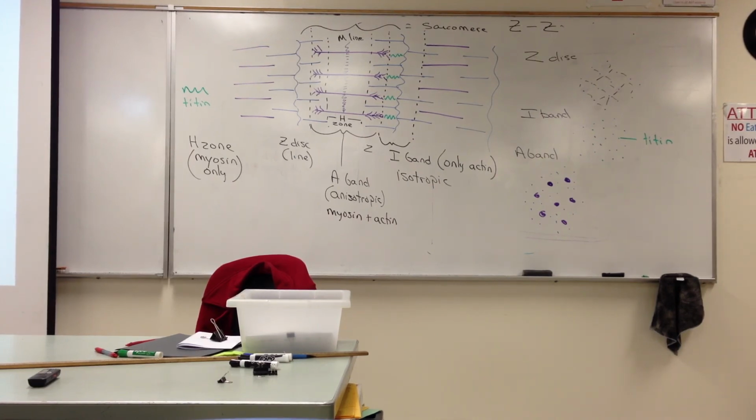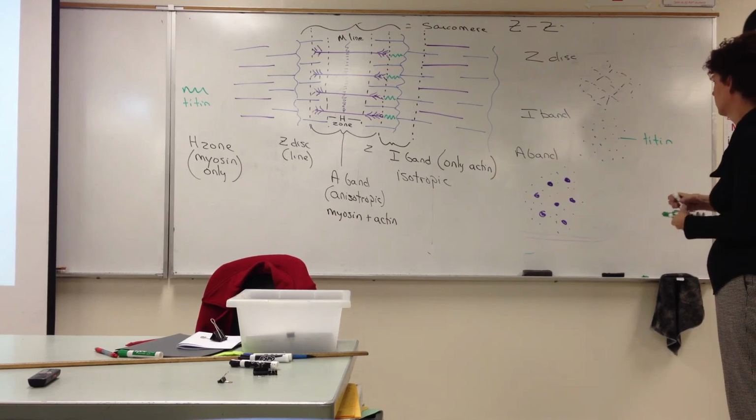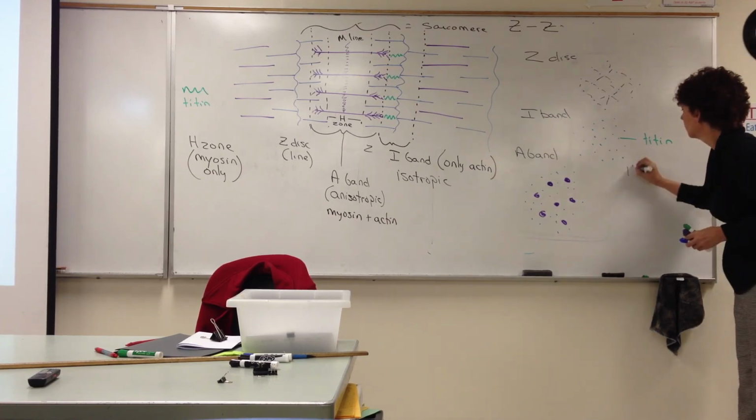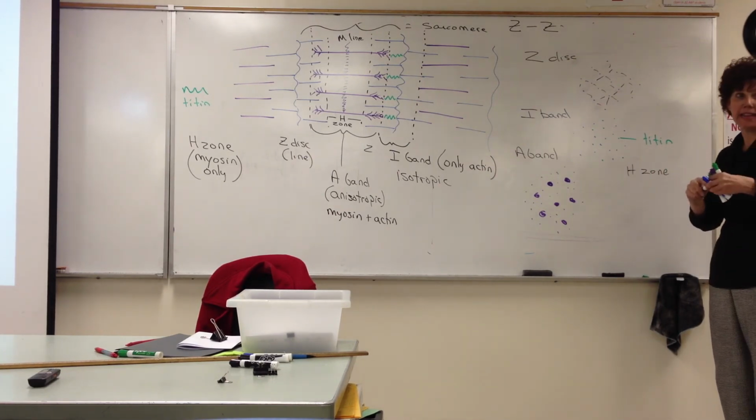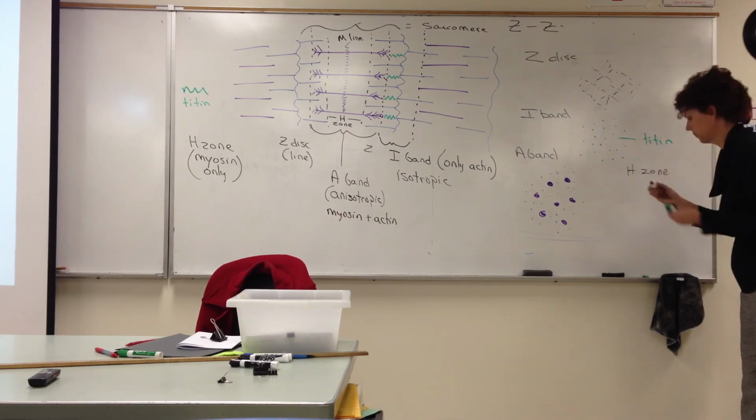And then the H band or H zone, where we're not at the M line, it's going to be just myosin.